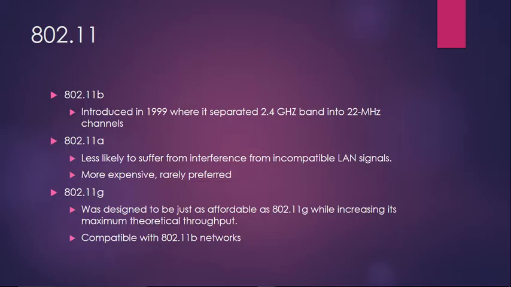So 802.11b was introduced in 1999, which separated the 2.4 gigahertz band into 22 megahertz channels. 802.11a is less likely to suffer from interference from incompatible LANs like microwave ovens, but it was more expensive. 802.11g was designed to be as affordable as 802.11b while increasing its maximum theoretical throughput.